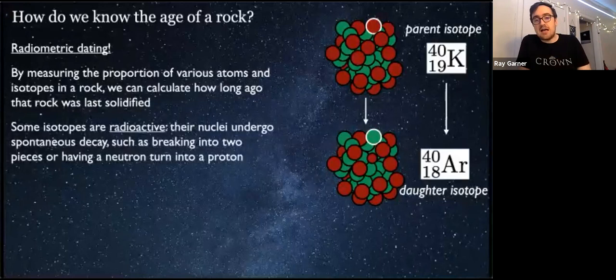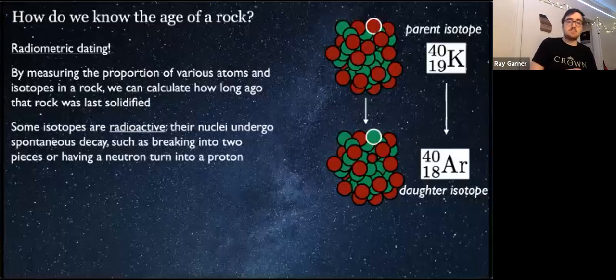So here are 2 isotopes, potassium 40 on top and argon 40 on the bottom. Potassium 40 is radioactive, so its nucleus will undergo some sort of spontaneous decay, such as either breaking into 2 pieces, such as happens in nuclear fission and atomic bombs, or by having a neutron turn into a proton.